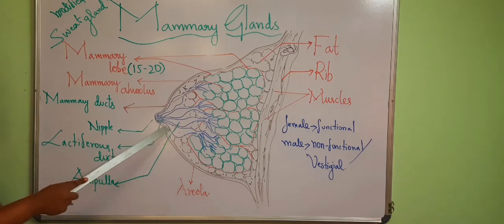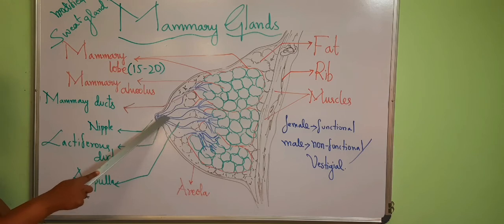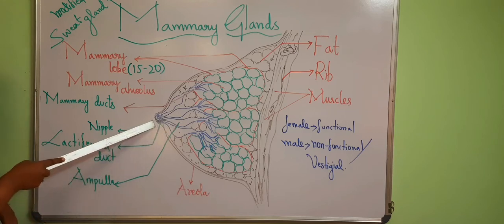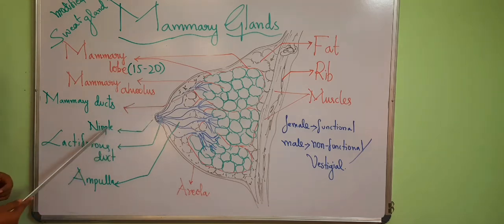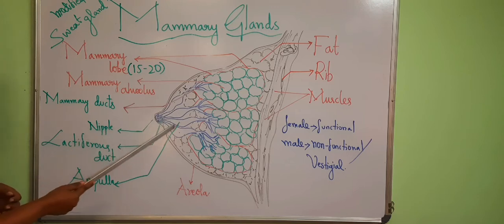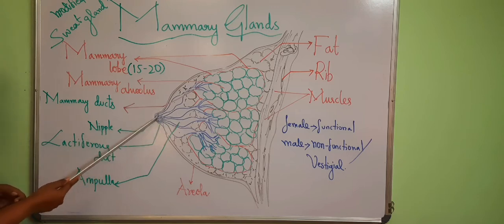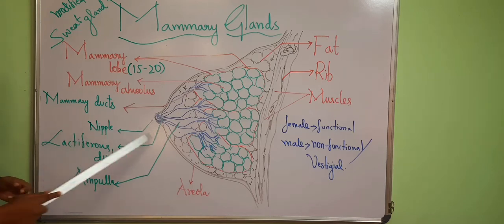From the ampulla there are several branches spreading towards a single point, which we call the nipple, where all the ampullae get connected with the help of a duct called the lactiferous duct during lactation.